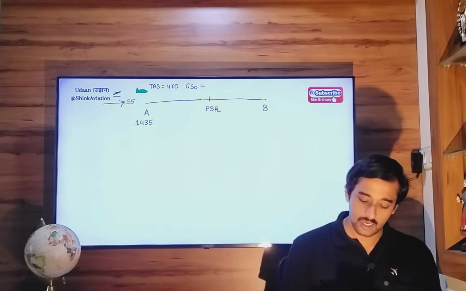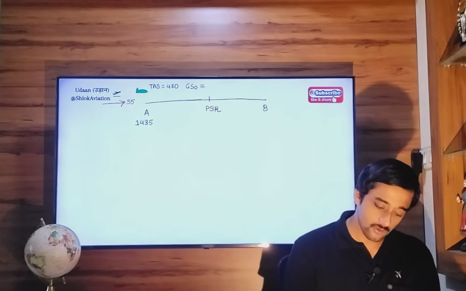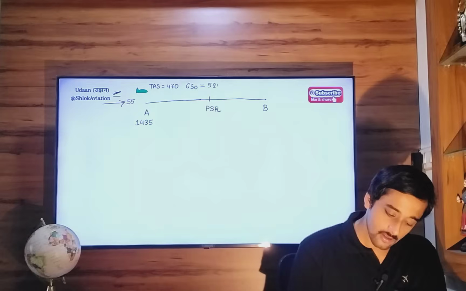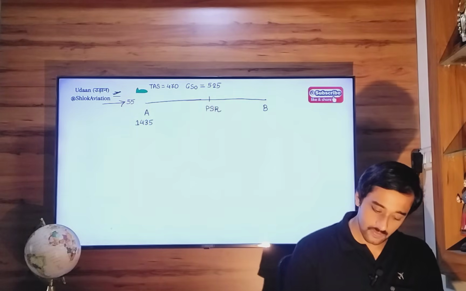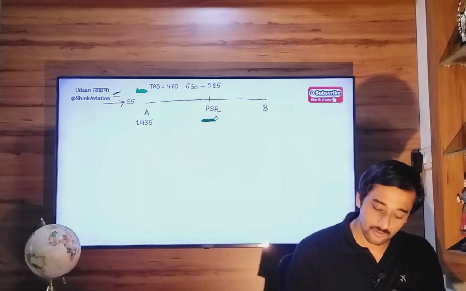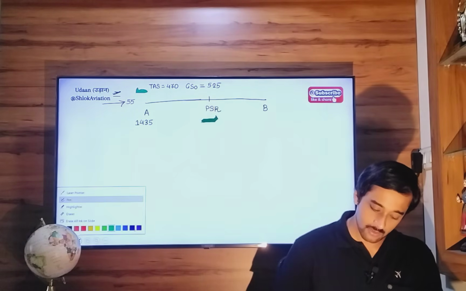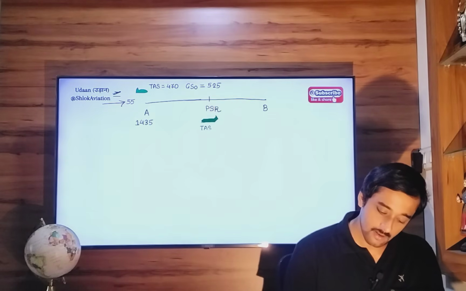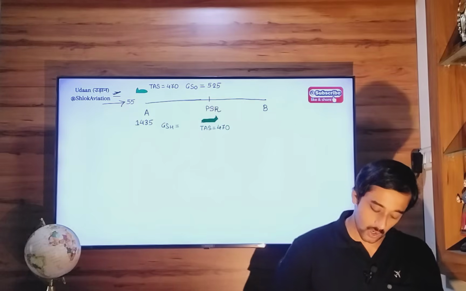So 470 plus 55, 525. Next, let's say you decide to come back to your point of departure. True airspeed of your aircraft is going to stay the same, 470. Homebound ground speed will be equal to what?